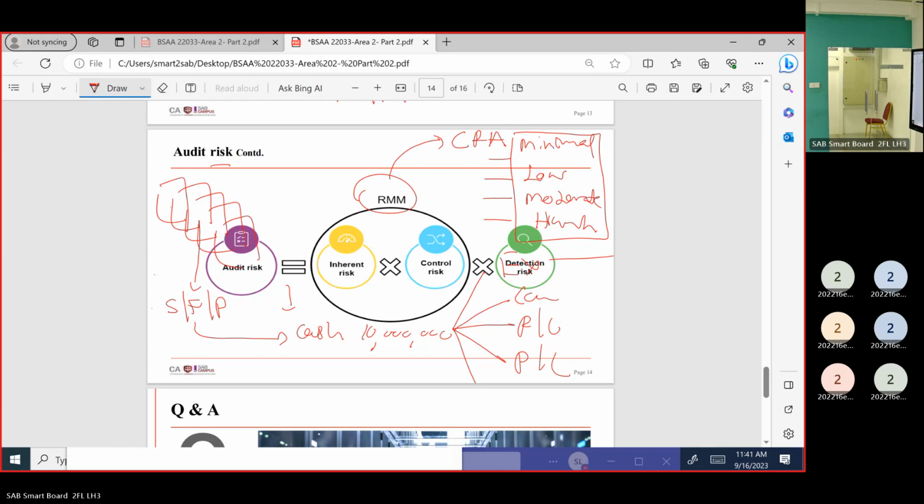Previously, we selected some samples, 25 or 50 samples from the portfolio. We did some analysis and selected based on stratification or classification of the portfolio. Blindly we selected 50 items.